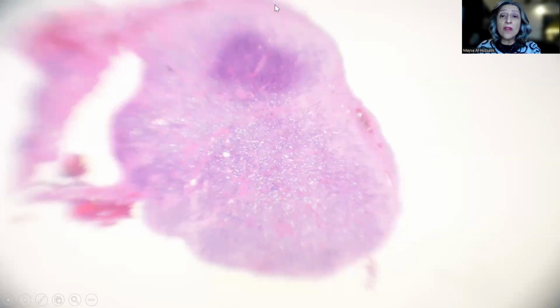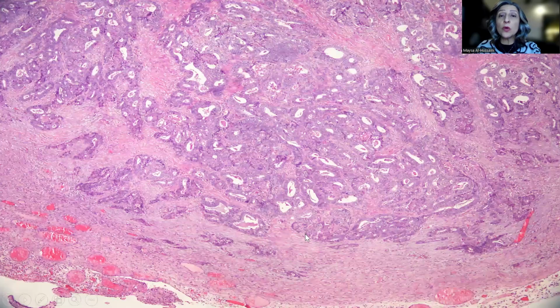Now, importantly, and again as an incidental finding that was not detected before surgery, this is the scanning power magnification of one of the ovaries, and then we have here the involvement by the tumor. So on high power magnification, the same tumor, exactly a replica of what is encountered in the uterus. It is a well-differentiated or low-grade endometrioid carcinoma.